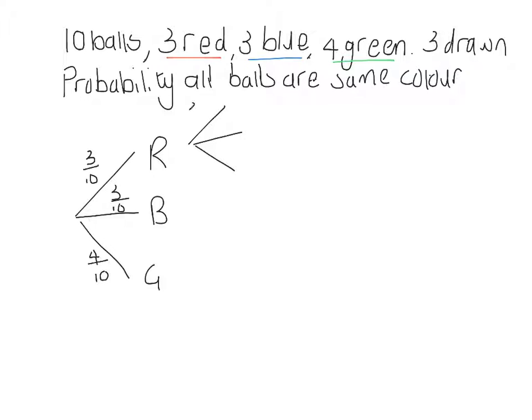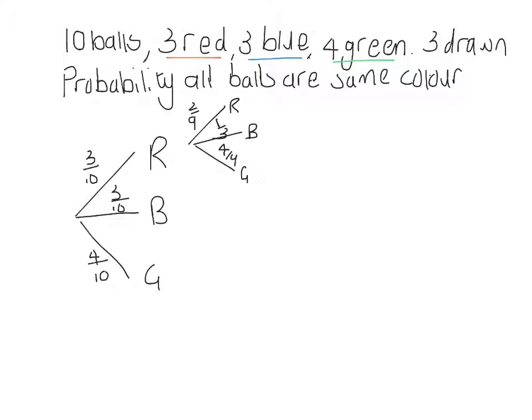So now you will have, sorry, not 2/10, 2/9 if you again pull a red, 3/9 or a third if you pull a blue, and 4/9 if that happens to be green.